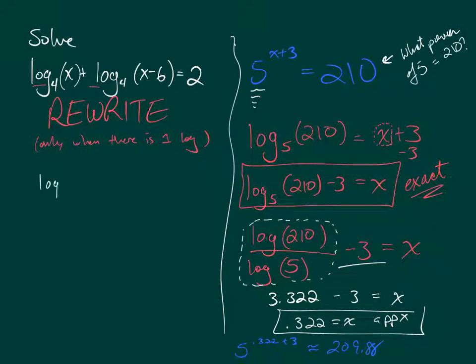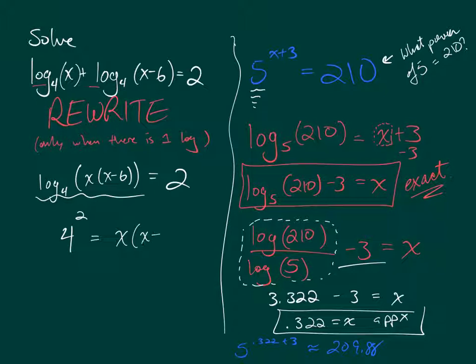So you'll have log base 4 of x times x minus 6 equals 2. Now that there is one log on the left side, this can be rewritten as an exponential equation. So 4 is the base, the log equals the exponent 2, equals x times x minus 6. There we go.